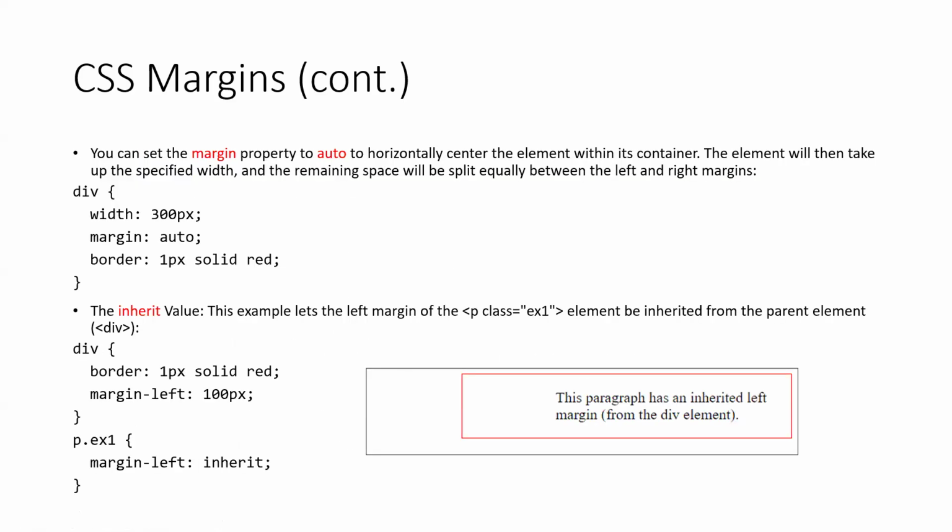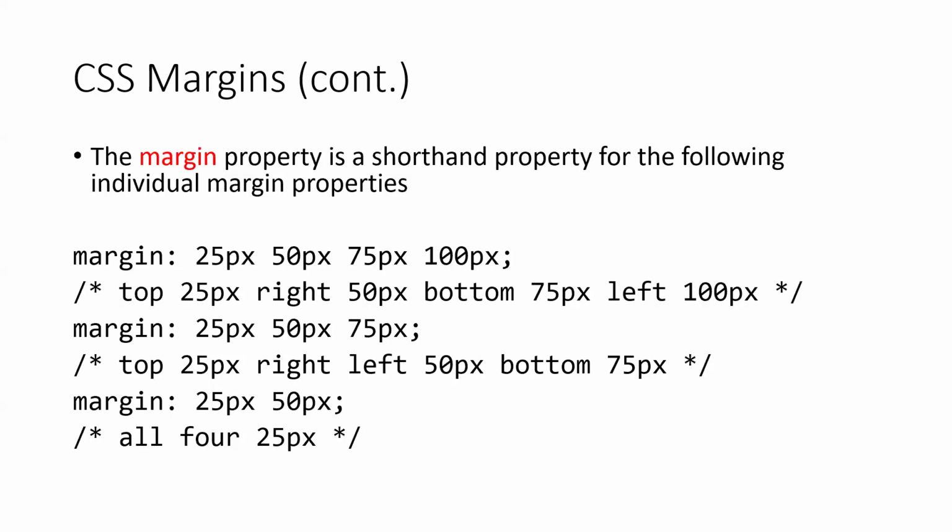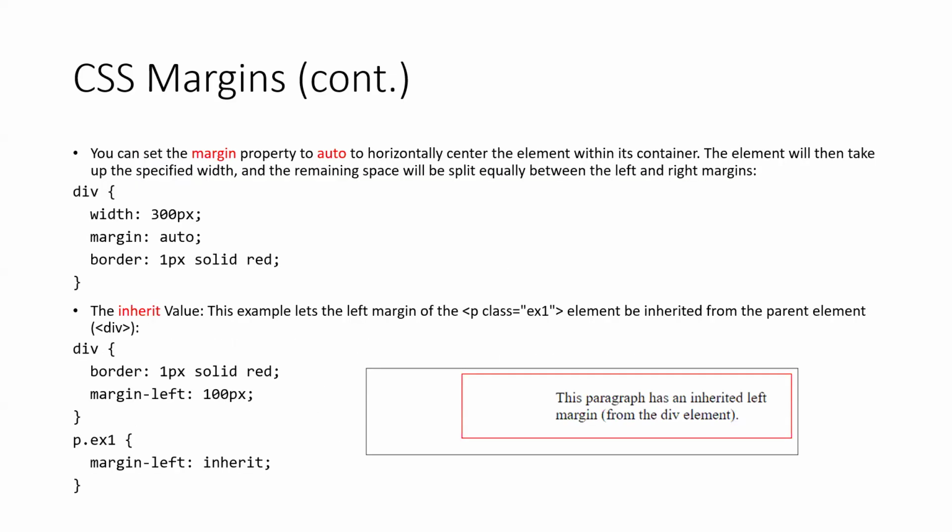Or you just say 25, then it will be 25 all around, right? So when we use margin auto, what happens, it will be centered in the container, and then the element will take up the specific width.